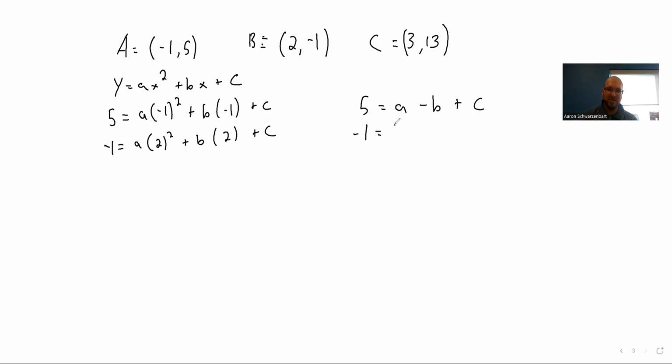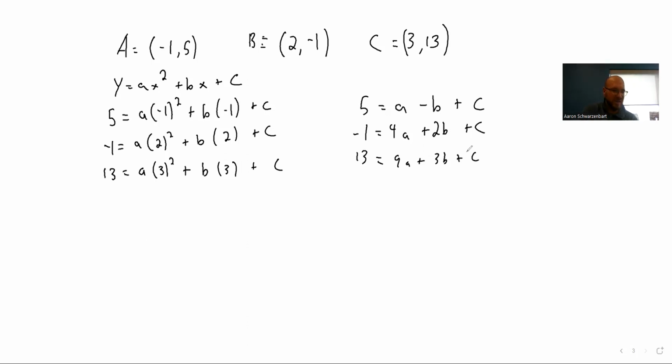And that is -1 equals 4a plus 2b plus 1c. My matrix will have a 1 there. And if you can now tell maybe why I need 3 points, because I have variables a, b, and c that don't go away. And that is 13 equals 9a plus 3b plus c.